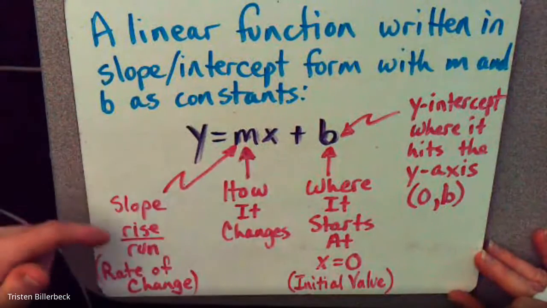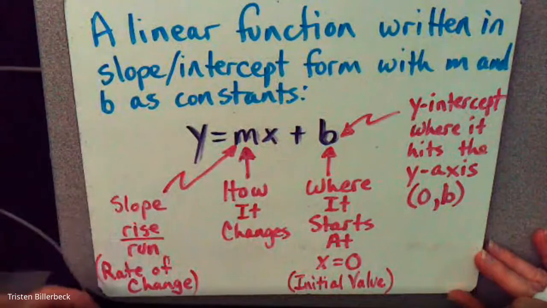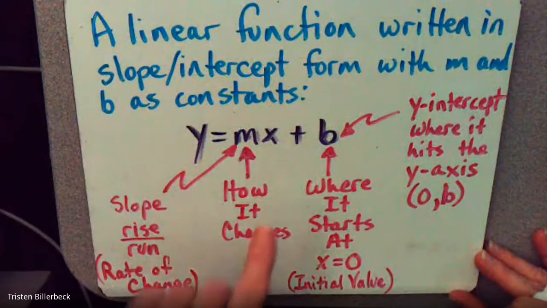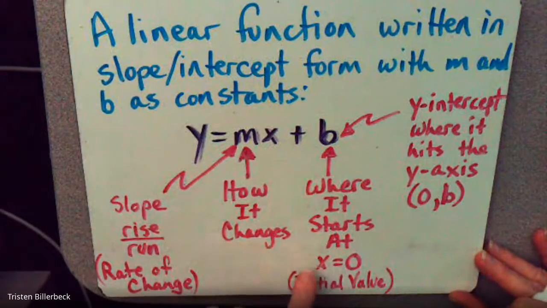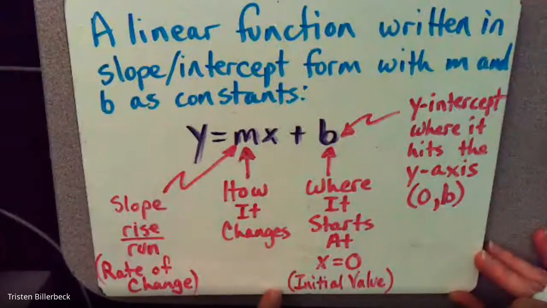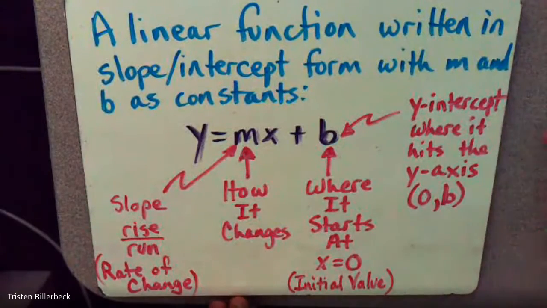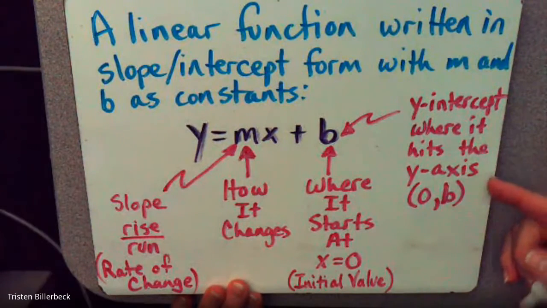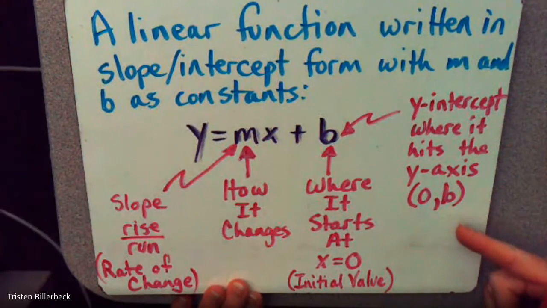Well, m is the slope, the rise over run, or the rate of change. There's a lot of things it's called, or how it changes. B is where it starts at when x equals 0, the initial value. It's also called the y-intercept, where it hits the y-axis at 0, b.